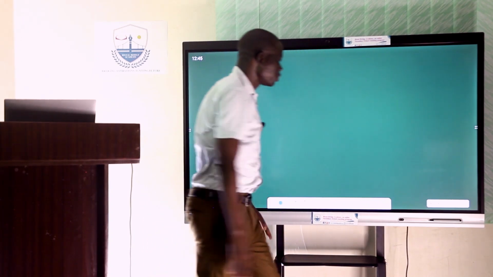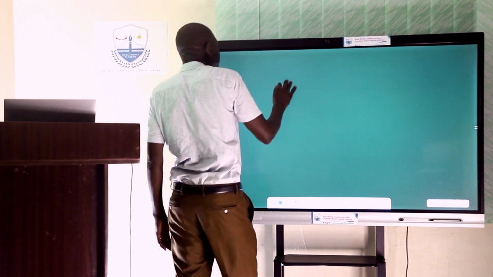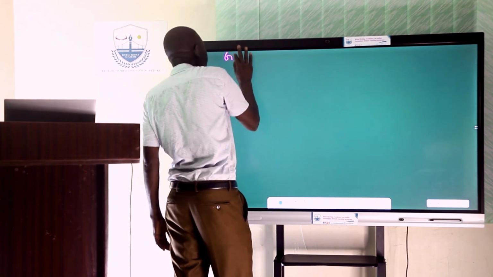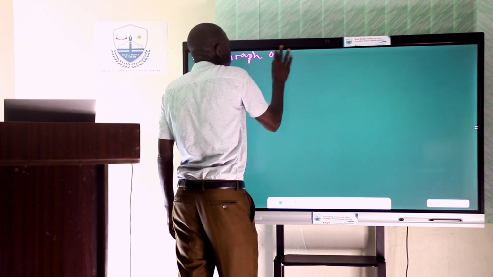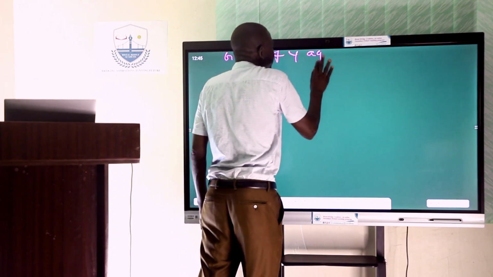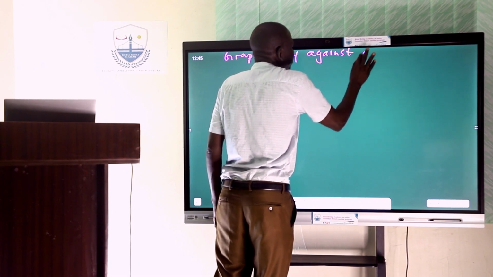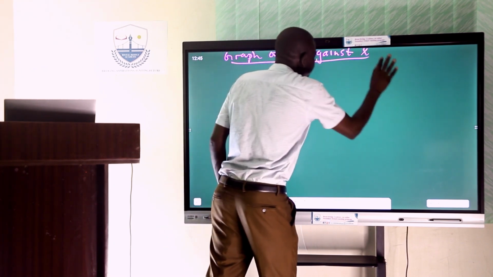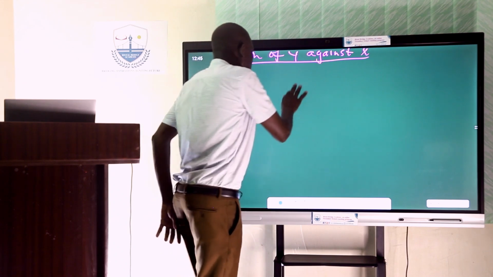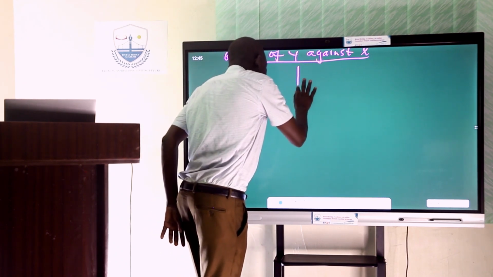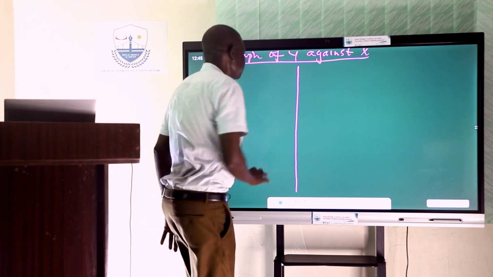So let us plot. We shall say graph of y against x. That will be the heading. So we are representing everything on the graph.